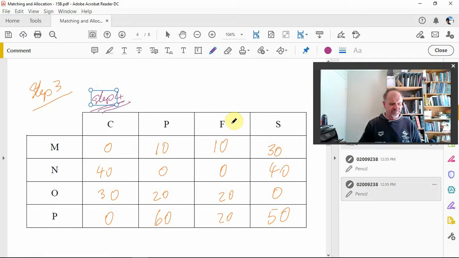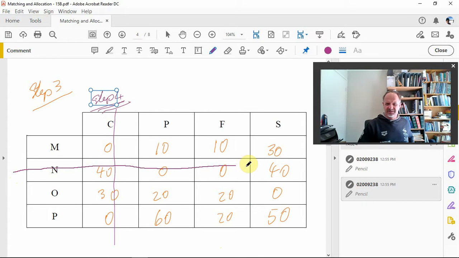We want as few lines as possible to go through the zeros. I can go down there, I can get 2 of them there. I can get 2 when I go across there. And this next one, to get through that 0, I can either go horizontally or vertically. I'll just go vertically because I've done that in the notes. So there's 3 lines there.